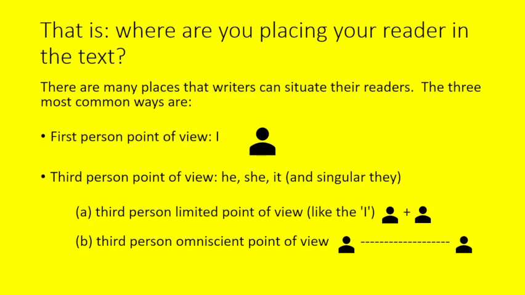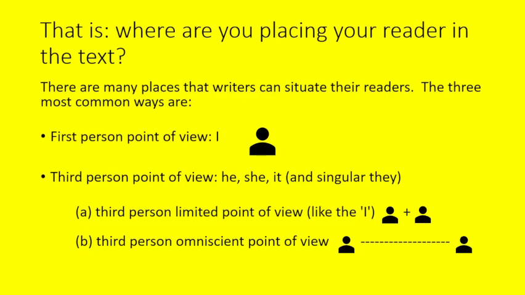Each of these points of view has pros and cons. So in other videos we will talk about first person point of view, third person limited, third person omniscient, also third person objective, second person point of view, first person plural. There are lots and lots of these points of view. But for the moment, just get your head around thinking what it means is reader position.